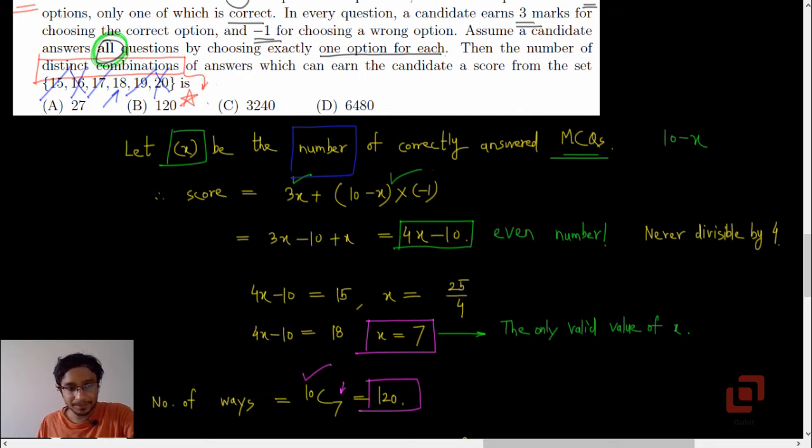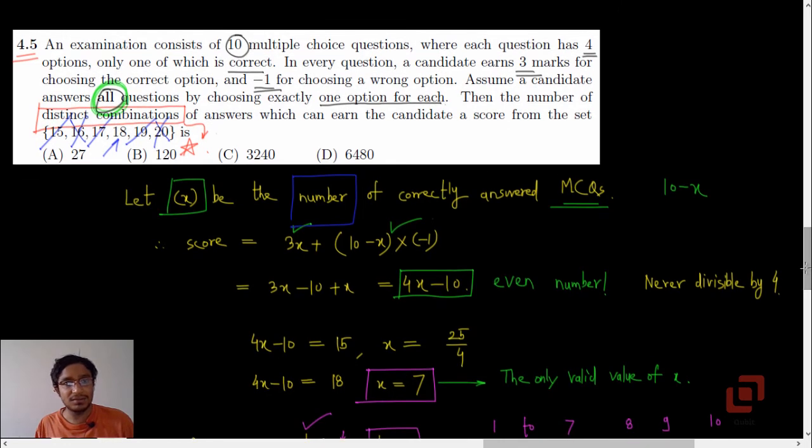I'll explain this. Let's assume that the candidate marks questions 1 to 7 correctly, all correct. Now for 8, 9 and 10, we know that they are not right, but how many options does this examination have per question? 4 options.